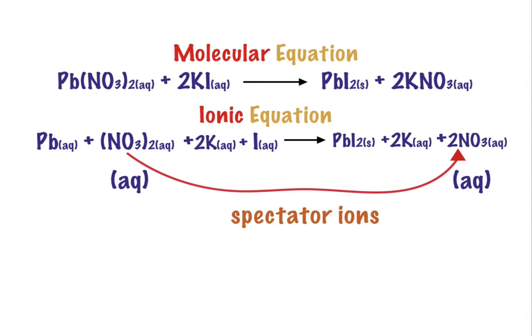They're sitting and watching, but they're not actually on the floor playing the game. So in this particular chemistry game, nitrate goes from being aqueous to remaining aqueous. It does not take part in the reaction, so it is a spectator ion.